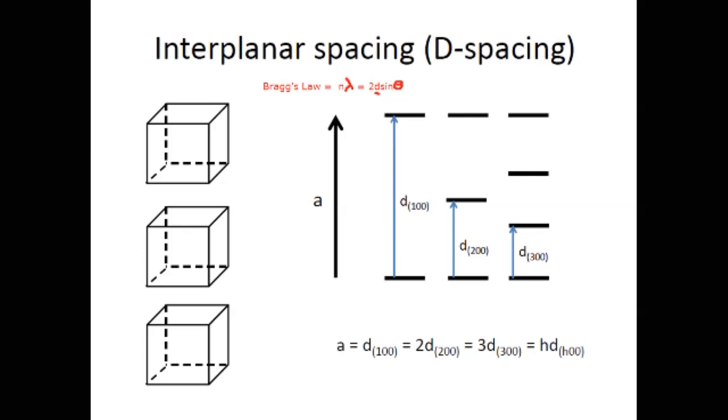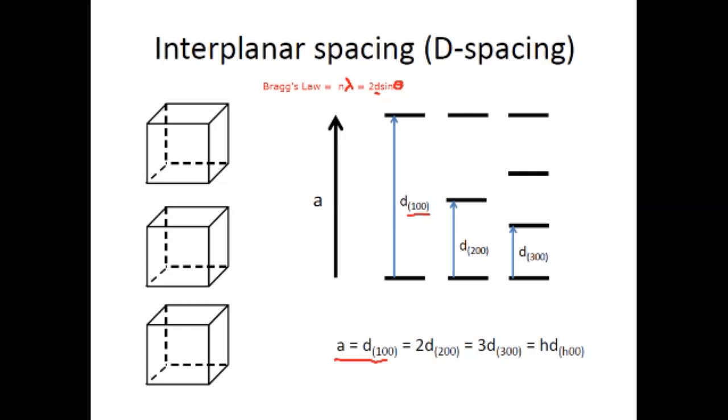So for example here, if we want to know the d spacing for the 100 plane, this is going to be equal to the a-axis because the a-axis is the 100 plane. Now if you wanted to know what the 200 plane d spacing was, it's going to be half the a-axis, because if the a-axis is the 100 plane, the 200 plane would be 1/2 the a-axis.